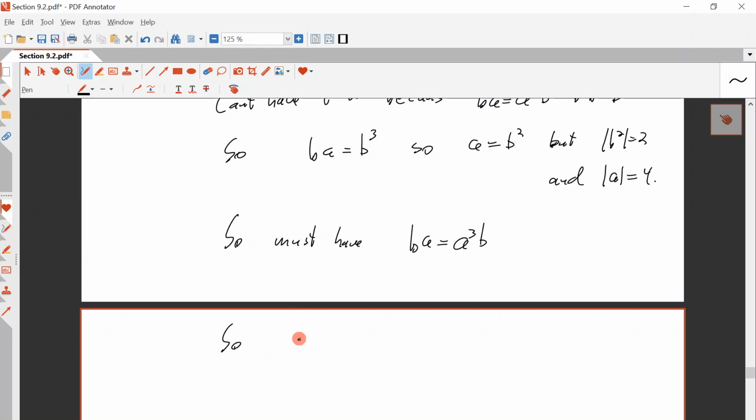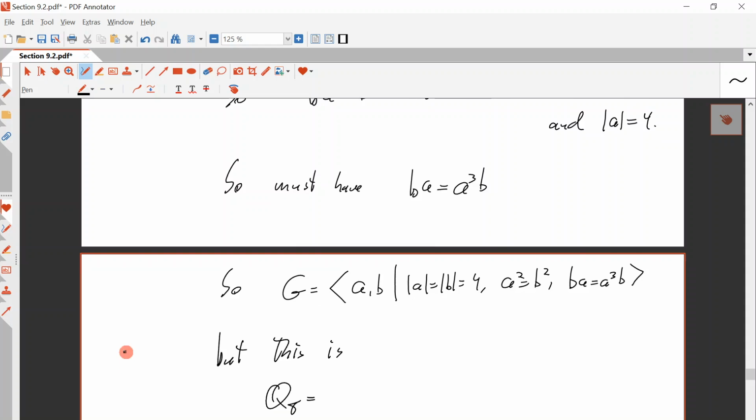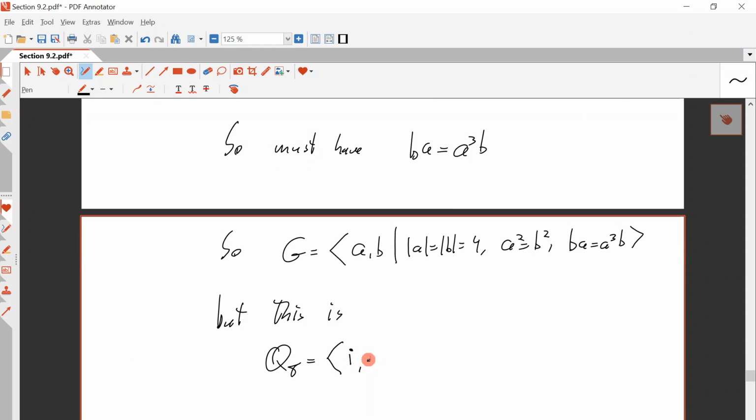All right, so G is the group generated by A and B such that the order of A is equal to the order of B is equal to 4, A squared is equal to B squared, and BA is A to the third B. But this is Q8. Q8 is generated by i and j, where the order of i is equal to the order of j is 4. i squared equals j squared is minus 1.